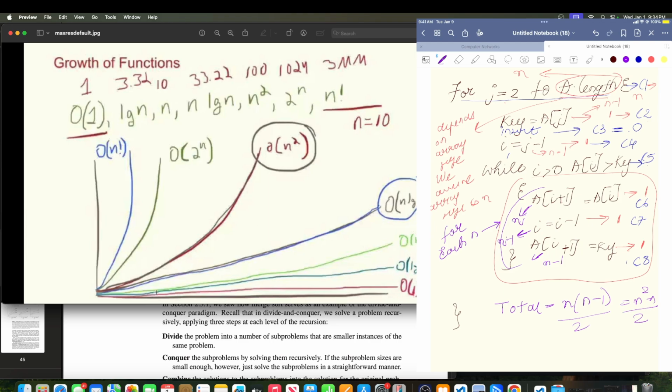As compared, O of 1 is almost like a constant line. Consider O of 1 the least, then log n, then n log n, then n square, then 2 power n, and n factorial.